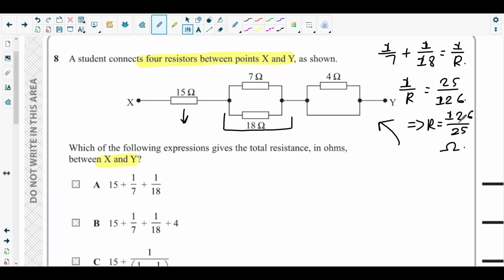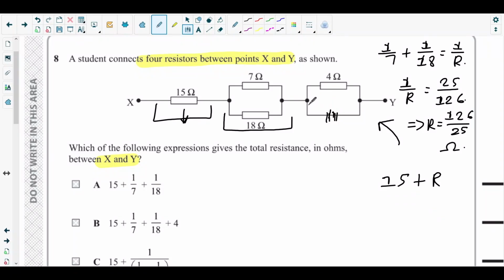Okay. So this is the resistance of the parallel combination, right? And this parallel combination is in series with this 15 ohm resistor. So 15 plus this R, and then the 4 ohm resistor. Basically, we can see that on this loop there are no resistors.